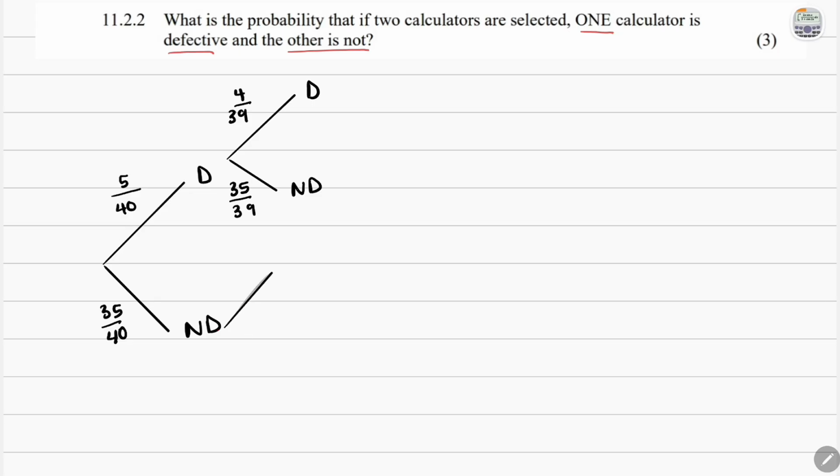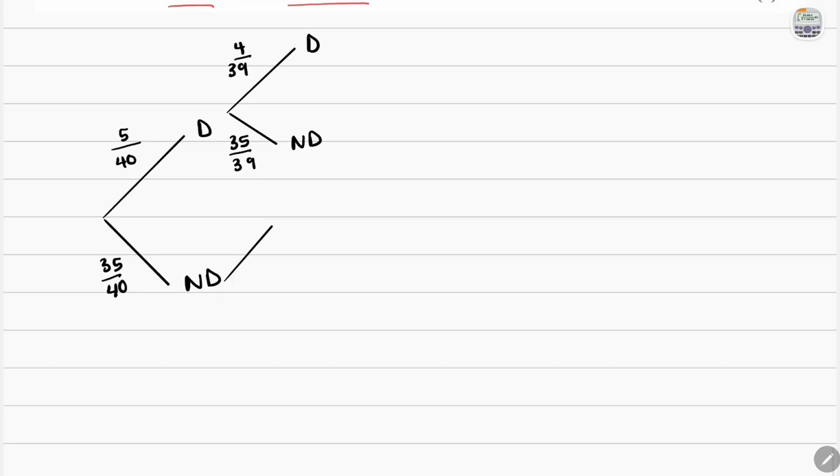Okay, same thing over here. The second pick would work like this. If it was a non-defective calculator that was picked, then what is the probability that a defective calculator would be picked in the second pick? So it's a non-defective that was picked. Defective was not picked in this situation, okay?